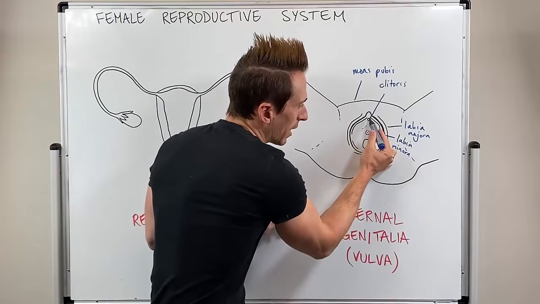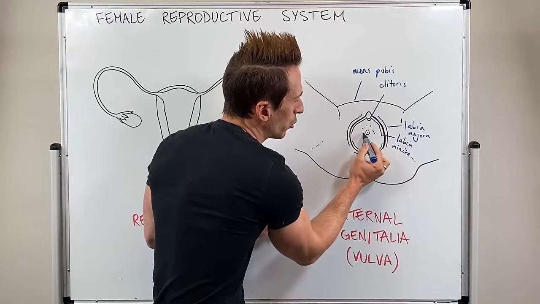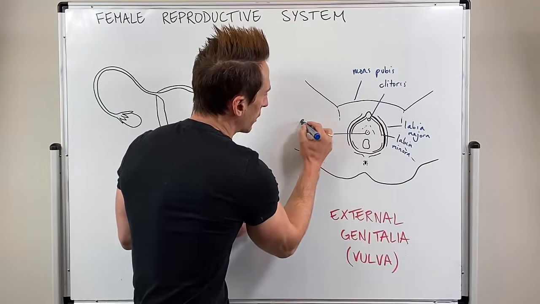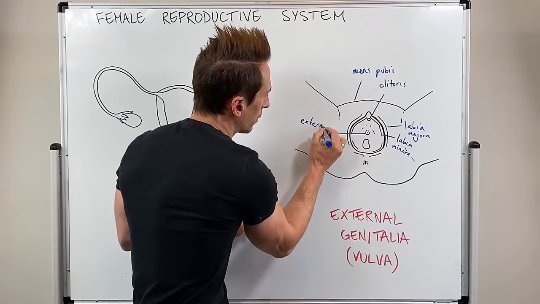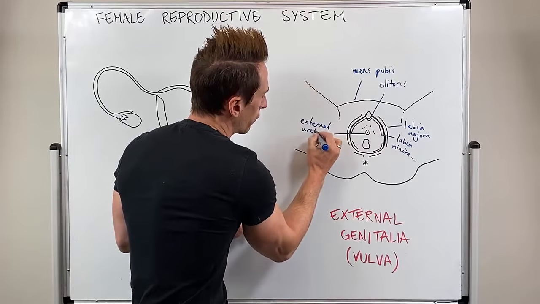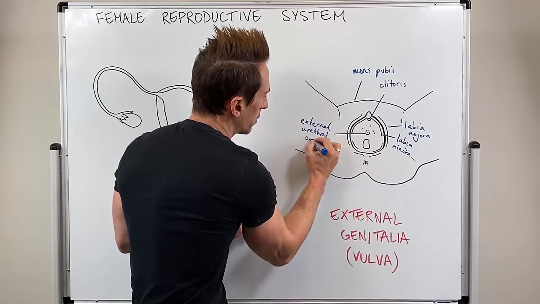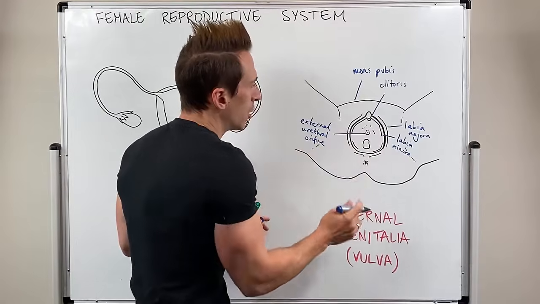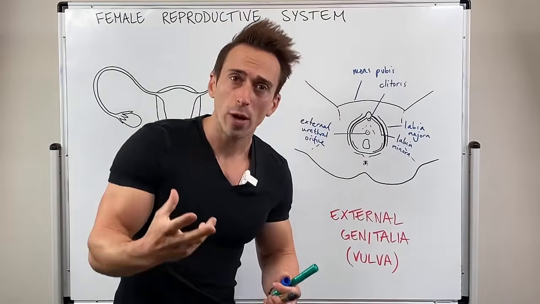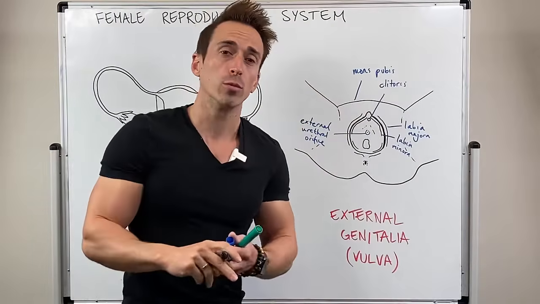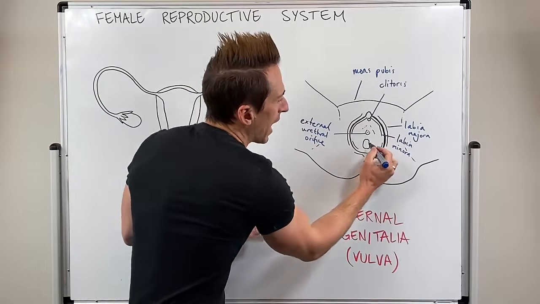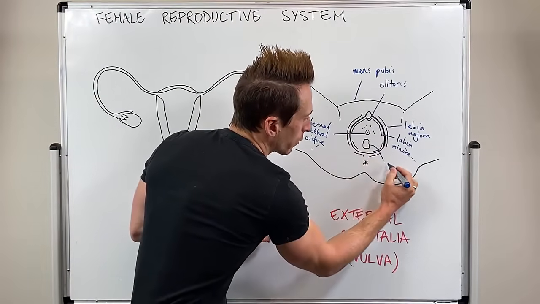As we move down, you'll find that there's the external urethral orifice, which is obviously going to be where the urethra coming from the bladder moves through to move urine out of the body. And then we've got the vaginal orifice itself.